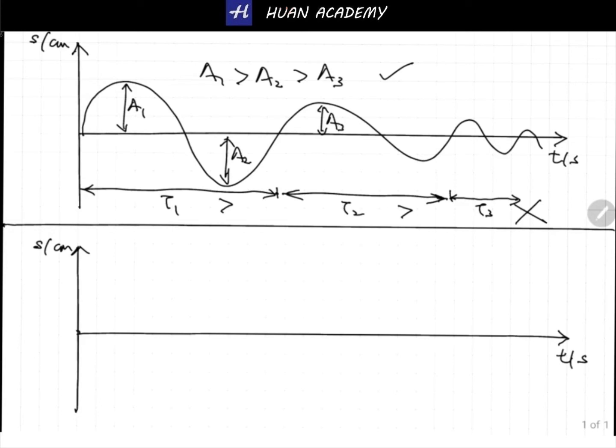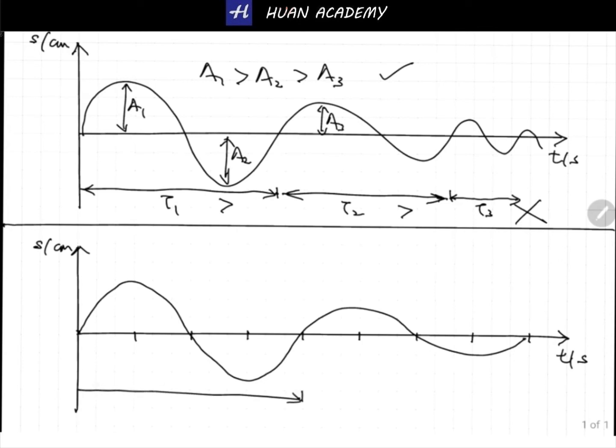So the proper way is to preset uniform divisions on the time axis first. Preset it first. This is the technique when we sketch this graph. Then only you start to sketch the graph. This will ensure that the period is constant because the frequency is constant, as we have learned before.